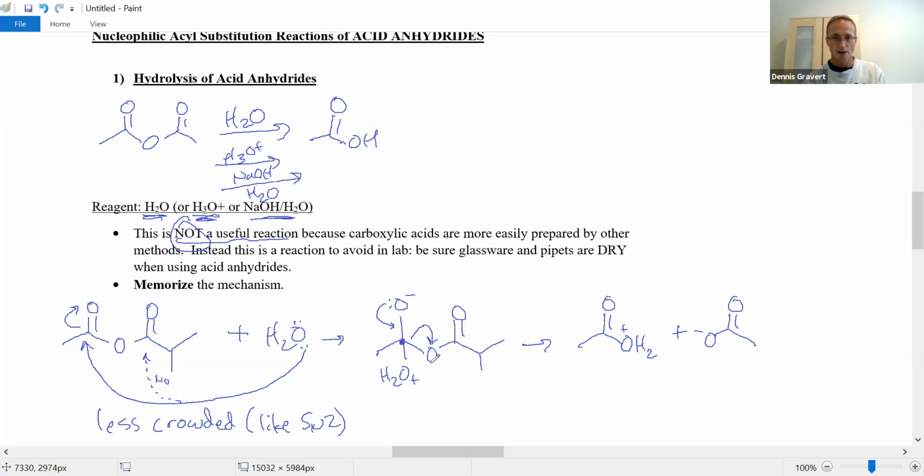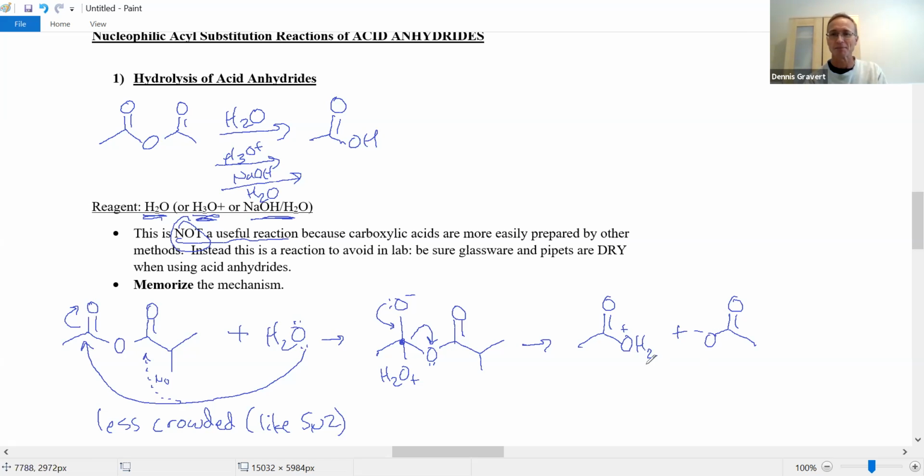So there are some mechanisms that say, hey, before this step, maybe the lone pair on this oxygen grabs H plus and takes that on. So if you do that step, I will give you full credit because it kind of makes sense. But this is the pattern we've seen in all the other acid chloride reactions. Bump up the pi bond and immediately it comes back. So it makes sense to just keep applying the same pattern.